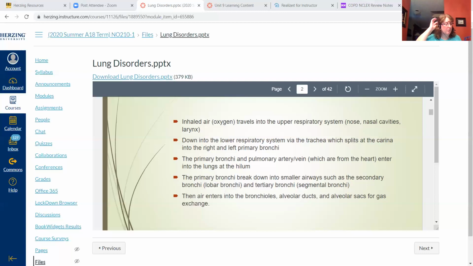All right, the next thing we're going to talk about is COPD. So instead of looking at all of my slides here, because I don't really like how I have this done, I'm going to pull up something else because I think maybe that'll make more sense.